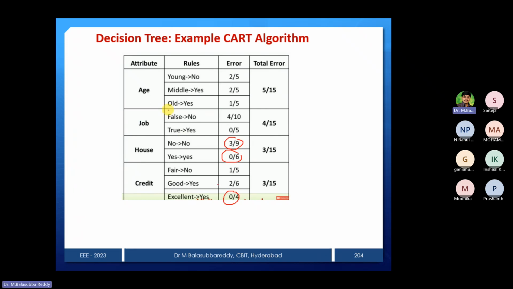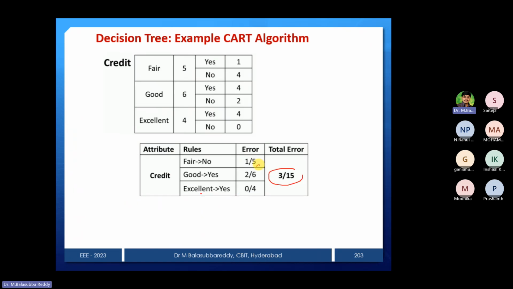Then another error, the individual error, if I take 1 by 5 and 2 by 6, this also will get as 1 by 3, same. And then 1 by 5. So anything randomly, if the individual errors are the same, you can take any one error. Preferably, you can take 0/6 as your minimum here, and 0/4 is also minimum here.